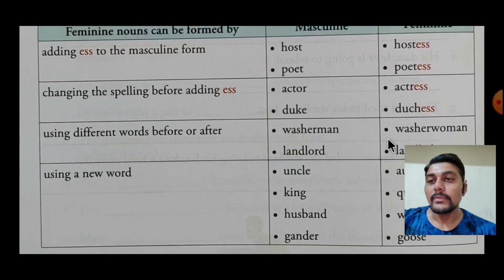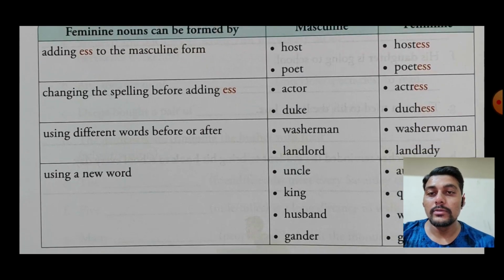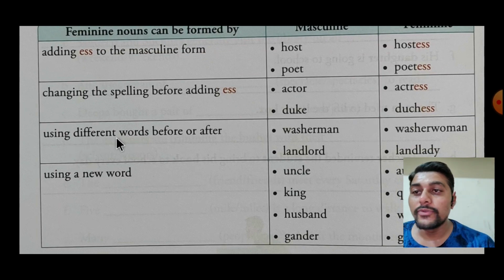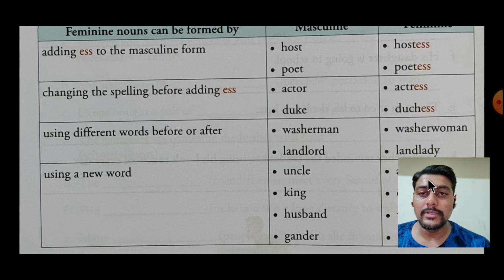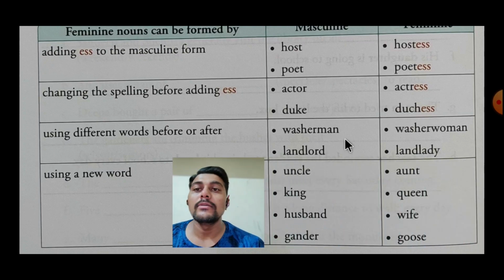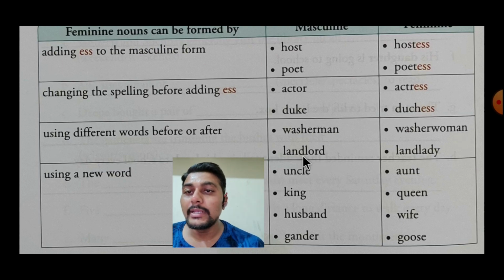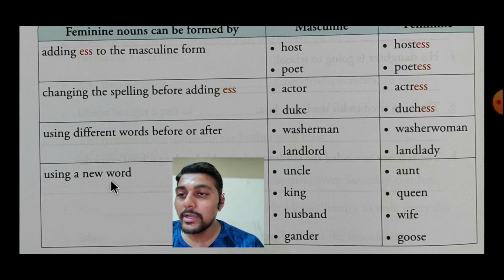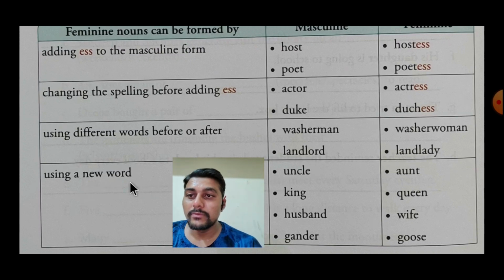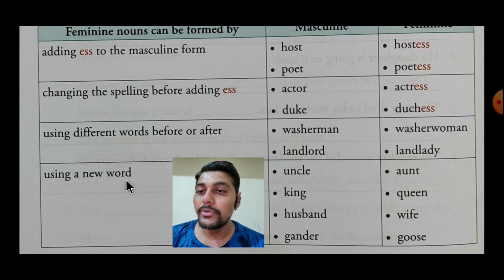Then we have one more, using different words before or after. So these are a little bit different kinds of nouns. Washerman becomes washerwoman and landlord becomes landlady, or we can say the compound nouns. Okay, we have seen this one. And one more rule is using a new word.